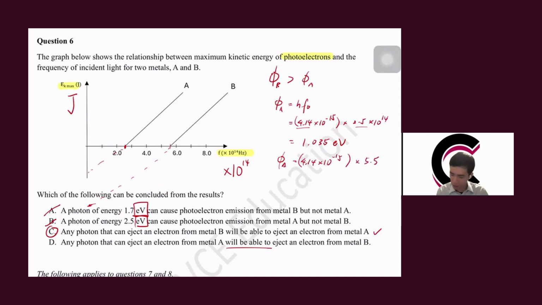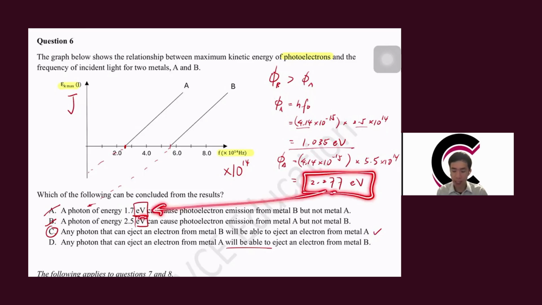This one's like 5.5, roughly 2.277 electron volts. So if you look at the options, 1.7 electron volts is enough to free electrons from the work function in metal A, but it's definitely not enough for 2.277.